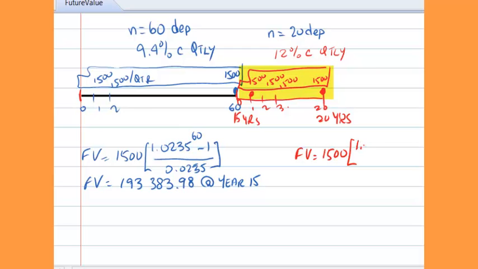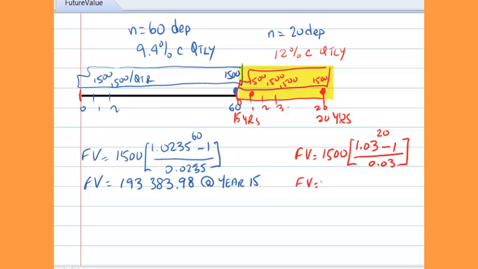So the annuity factor is 1.03 to the power of positive 20, because there are 20 quarterly deposits of $1,500, minus 1, divided by 0.03.